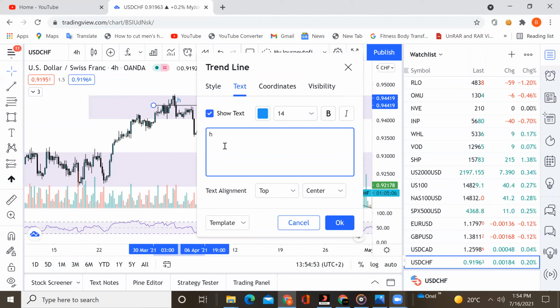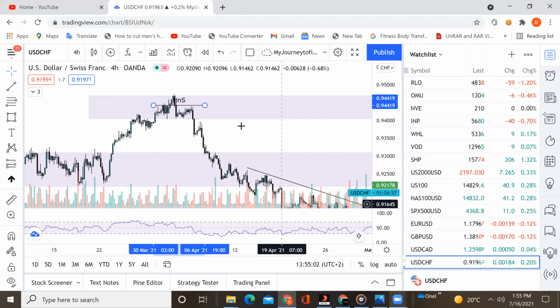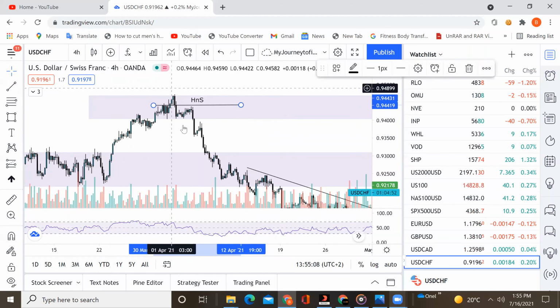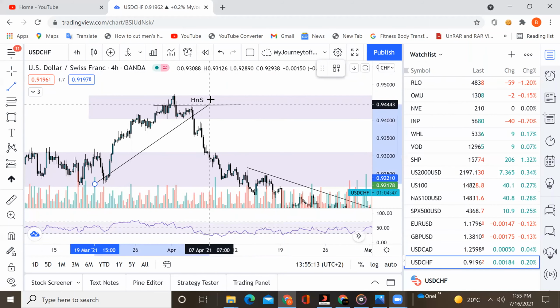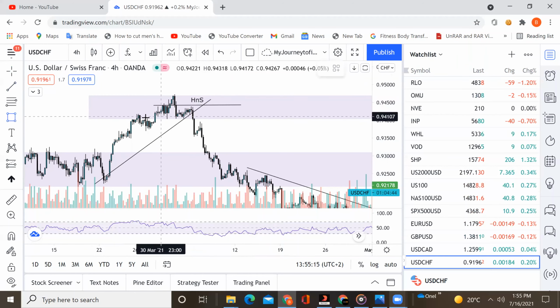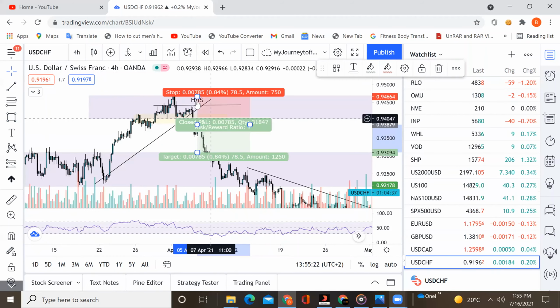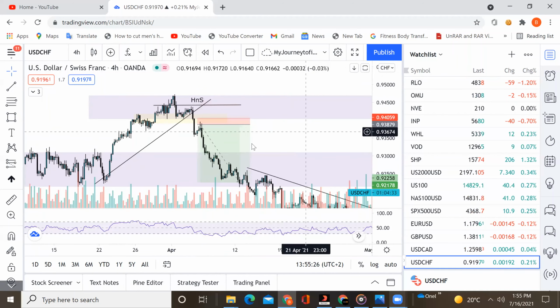Head and shoulders. So at the higher time frame resistance zone, we have a lower time frame head and shoulders. Also a trendline break. Previous resistance becomes support. Entry. Then you just do that over and over again.